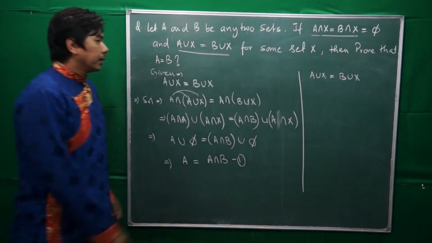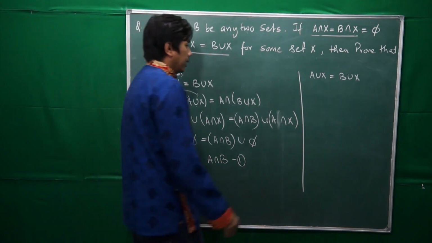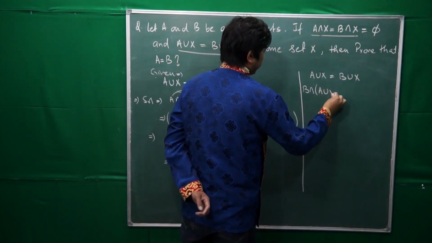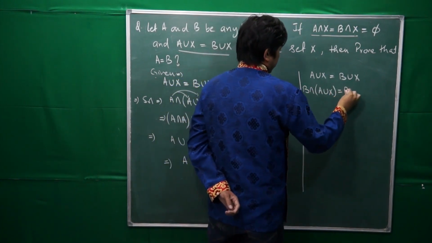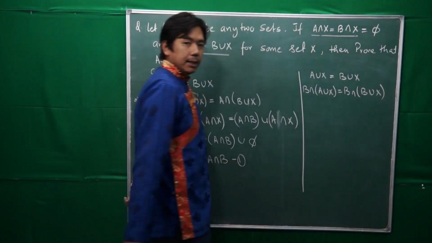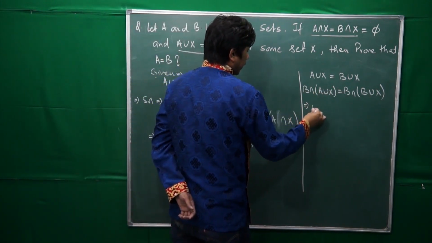Okay. So in this case, what we did was we used intersection with A. So over here it would be B intersection B union of X. Simple. Now if we use the distributive law, what will we be getting?